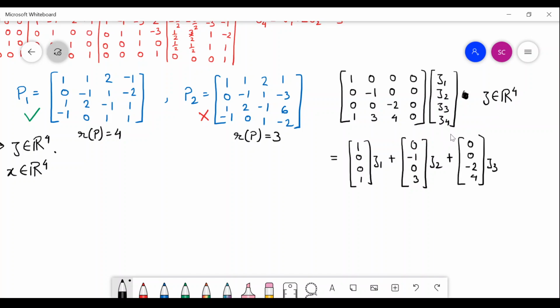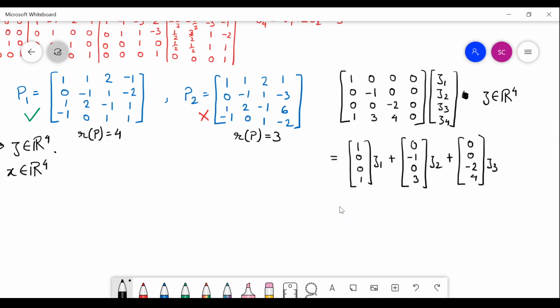You are taking basically any vector from the fourth dimensional space. What is this matrix doing? The matrix is giving you a result which is a linear combination of three vectors only.